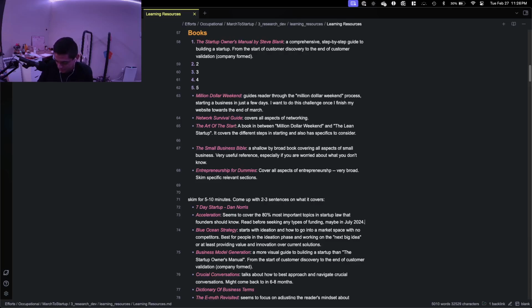Leadership Challenge. The Little Red Book of Selling. Positioning. Some other ones that I'm not mentioning, but a lot of great books.